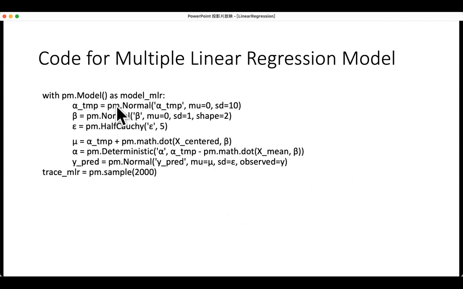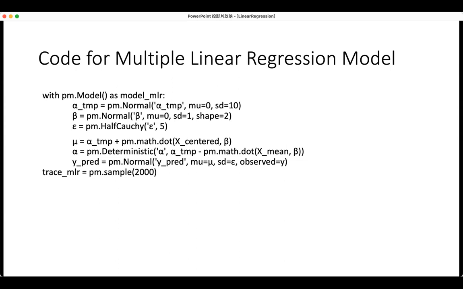Alpha temp is a normal distribution with mean 0 and standard deviation 10. So you basically say it's a very flat prior, right? We have used such a prior several times, so hopefully you are very familiar with what we are doing here.